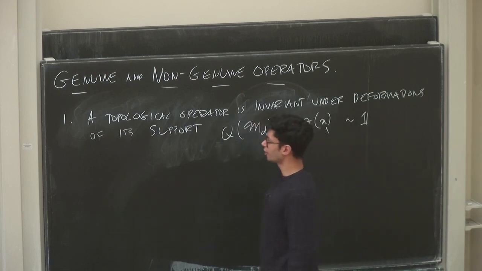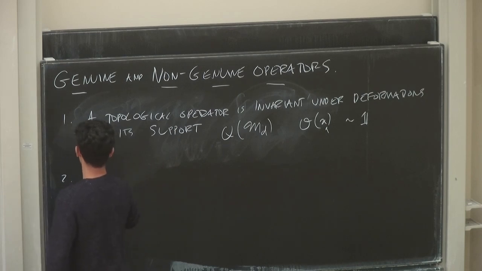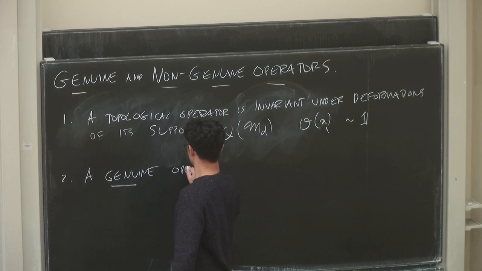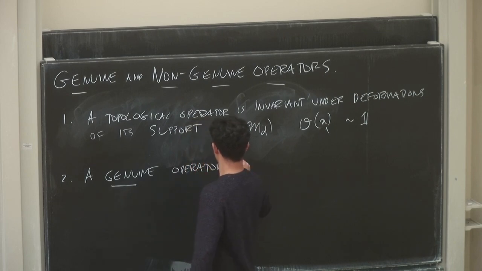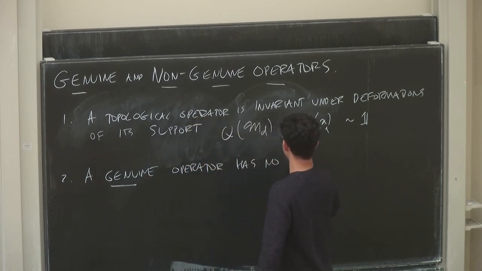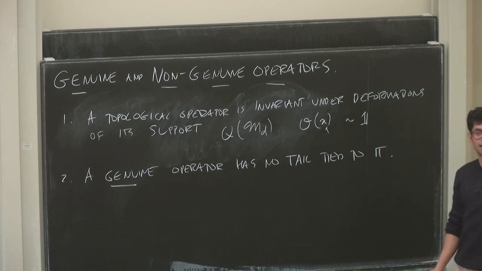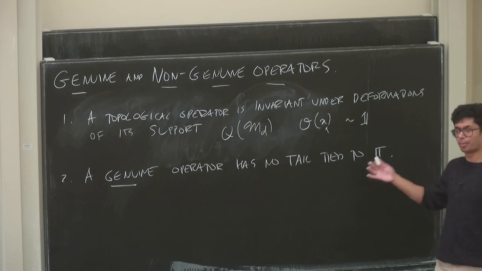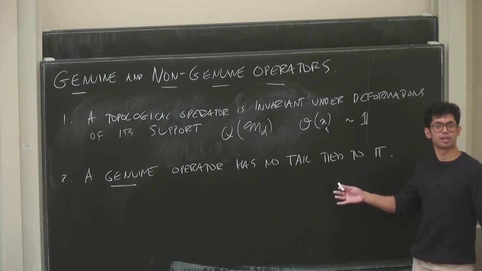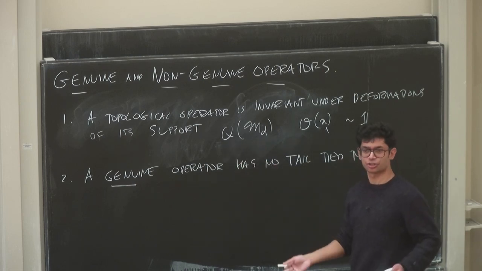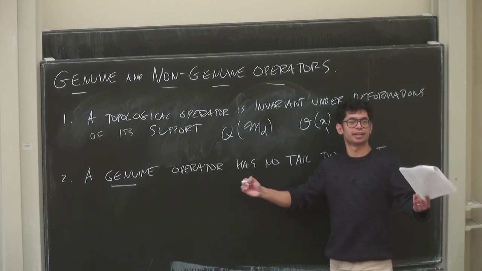Now, a genuine operator has no tail tied to it. This is a weird definition. It just means that most operators that you know and love, that you've worked with, are like this. Take for example the real scalar field theory that I wrote at some point today.